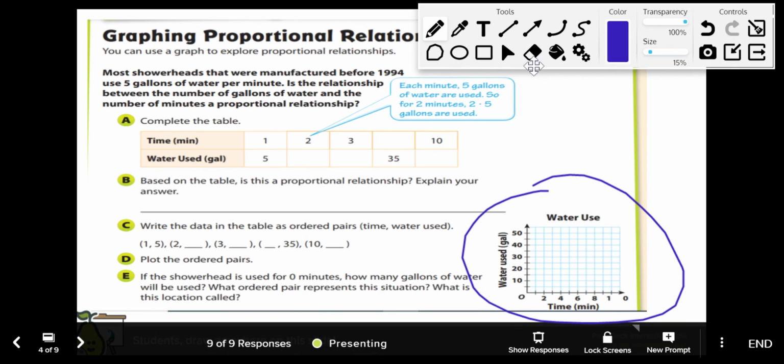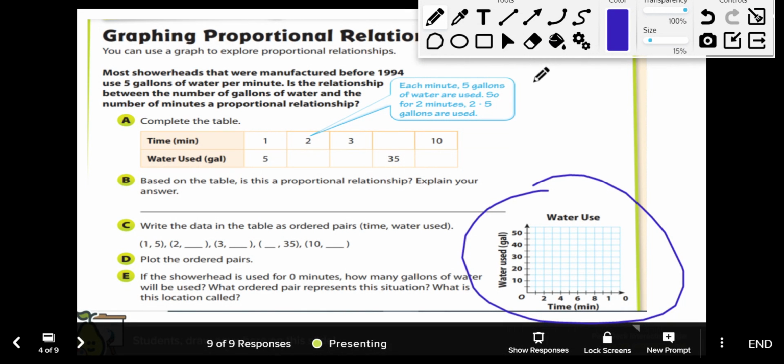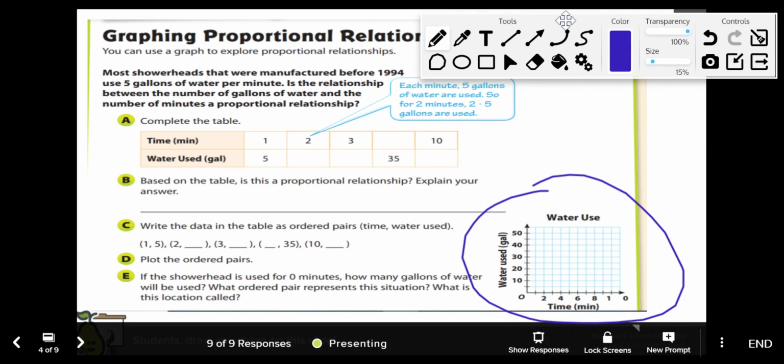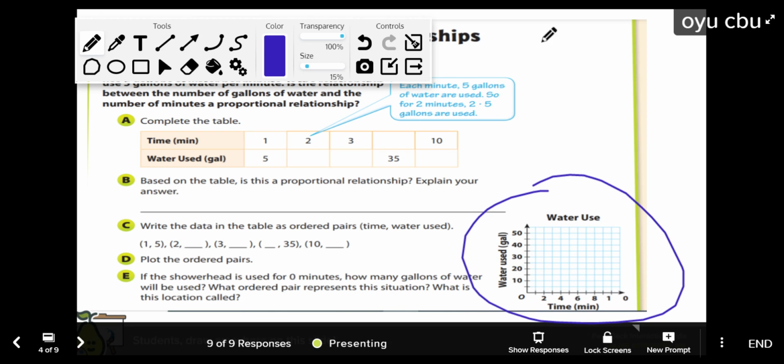Remember, an ordered pair comes from x, comma, y, and it has to be in the parentheses. X going across your coordinate plane, y going up and down. So can we make our coordinate plane, if time is x, water is y? Go ahead and fill out letter C.